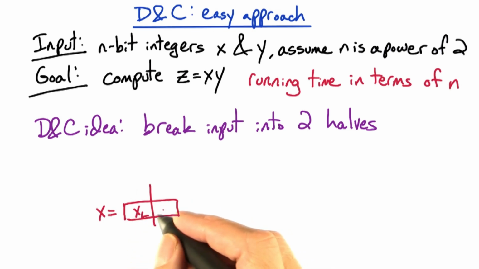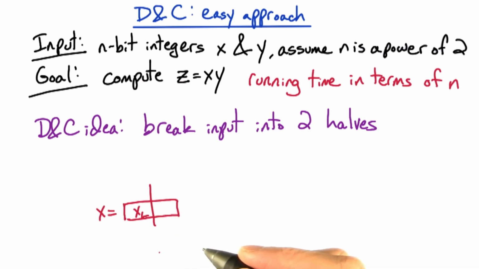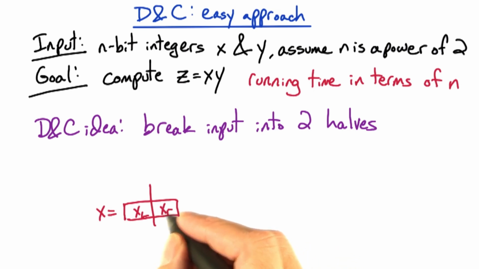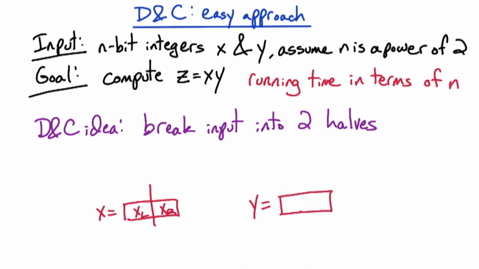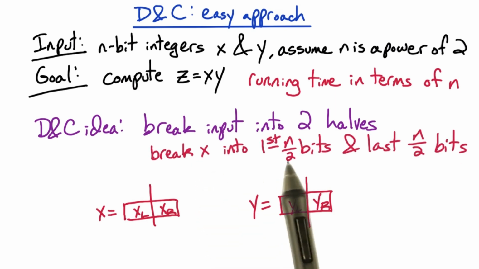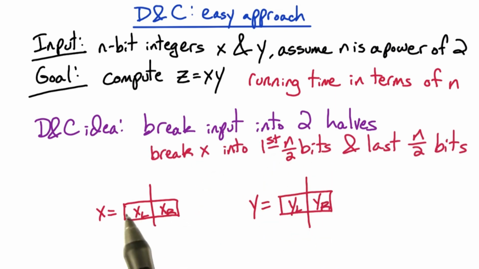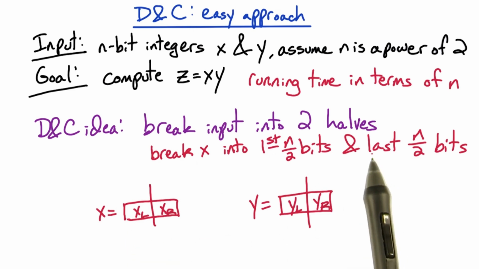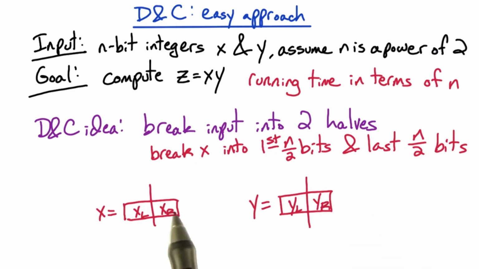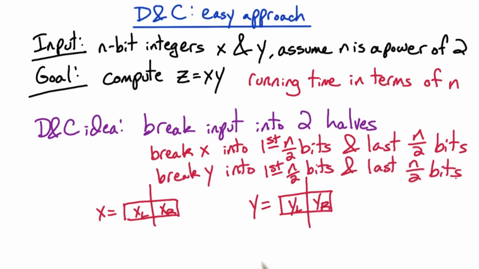And we take the last n over 2 bits, and that's another number, xR, corresponding to the right side of x. Similarly for y, we do the same thing. We take the first n over 2 bits, call that yL, and the last n over 2 bits, call that yR.